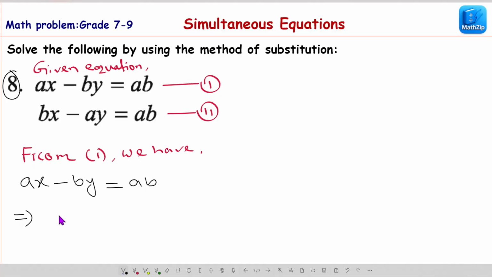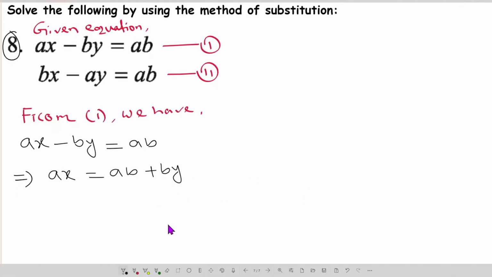So we can write ax equals ab plus by, right? Then x equals (ab plus by) divided by a. We can make this equation 3.